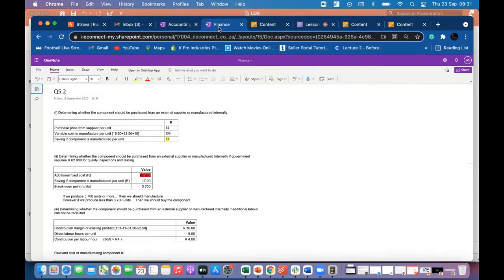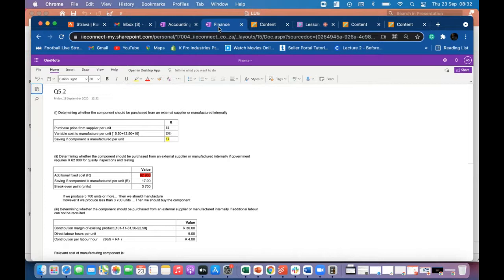It says, assuming additional labor cannot be recruited and any labor released will be employed in increasing production of an existing product with a selling price of 101 Rand per unit.